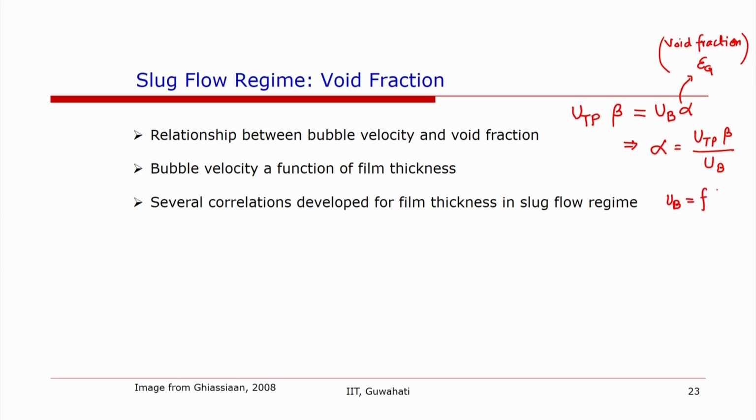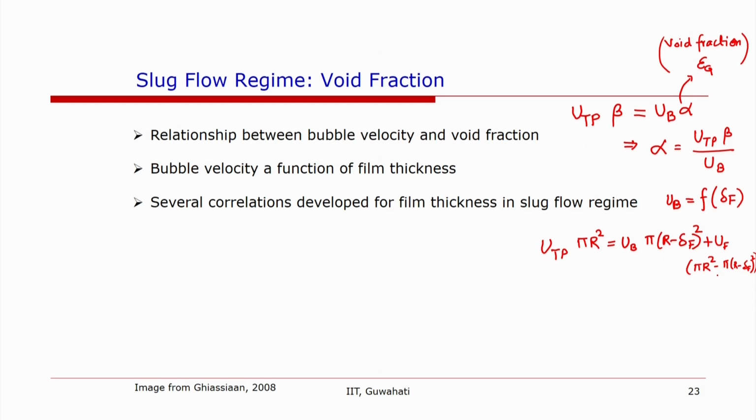Now we have also seen a relationship between UB as a function of film thickness. That can be obtained as UTP into pi r square is equal to UB into pi r minus delta f squared, plus U film, which is often neglected, into pi r square minus pi r minus delta f square.